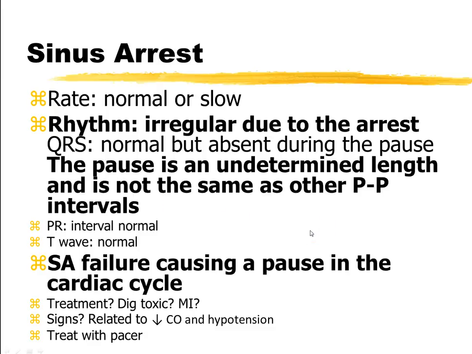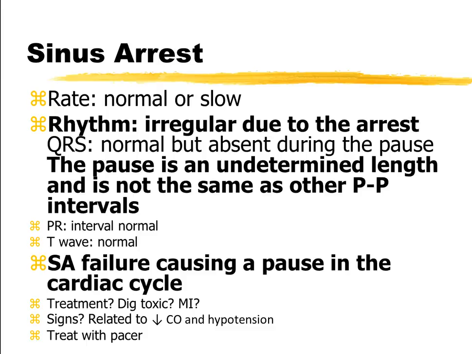Sinus arrest. This is similar to what we call sinus exit block, and I want to differentiate between those two. With sinus arrest, you have a normal looking heart rate, normal looking tracing, and all of a sudden there's this pause.